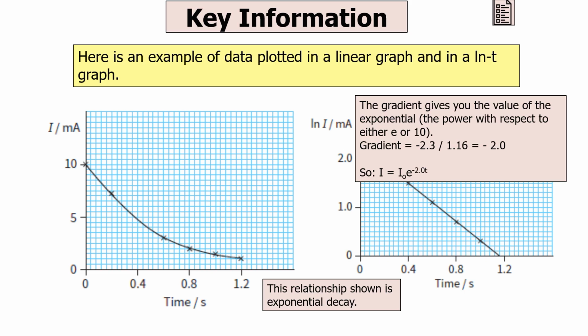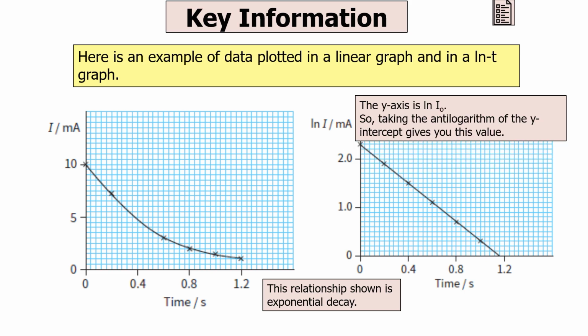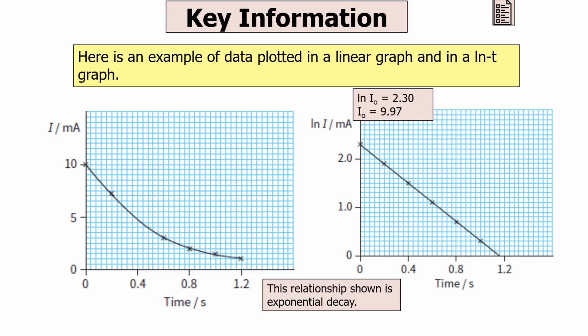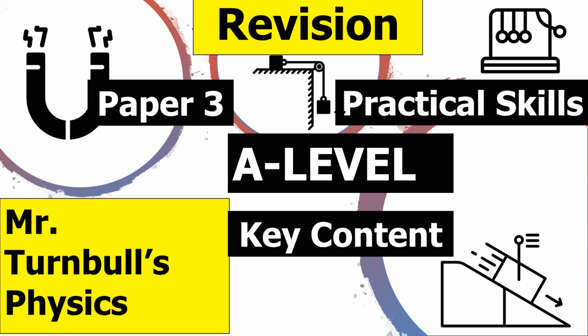So again, we can then also find what I0 is, because the y-intercept is equal to natural log I0. So if we then take the anti-logarithm of the y-intercept value, this will give you the value of I0. So because the natural log I0 equals 2.3, we can remove that natural log, do the anti-logarithm, we get I0 to be 9.97.